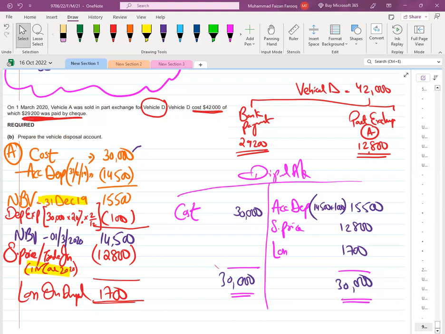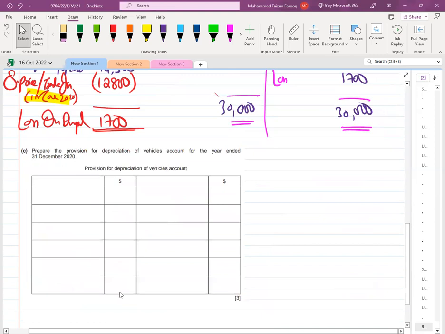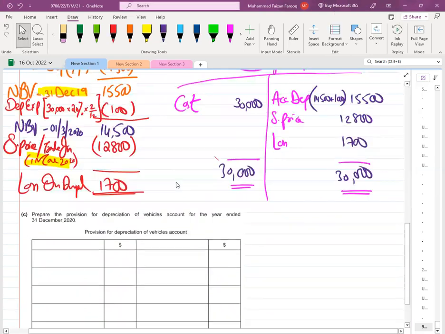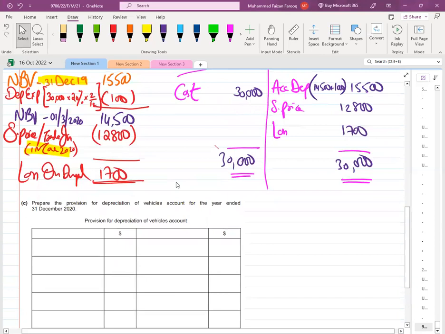Now, the C requirement, any questions till now? No. The C requirement is 3 marks. They are asking you to make the provision account or accumulated depreciation account. So very easy. We already calculated the provision. Now, the requirement is for which year?